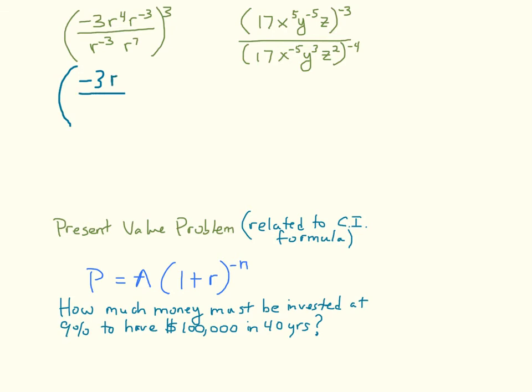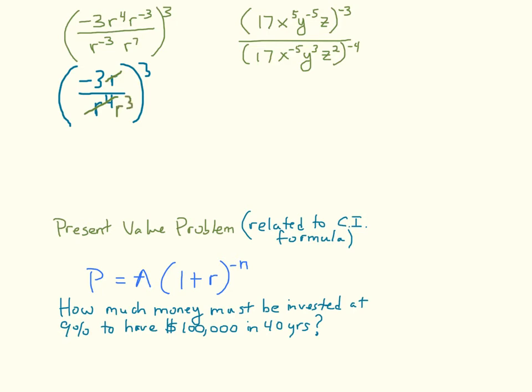In the denominator, I'm going to put those together, r to the -3rd times r to the 7th, add the exponents there, and I'll get r to the 4th. I can do one more bit of canceling. I can cancel this r in the numerator here, and that'll make that r to the 3rd power.